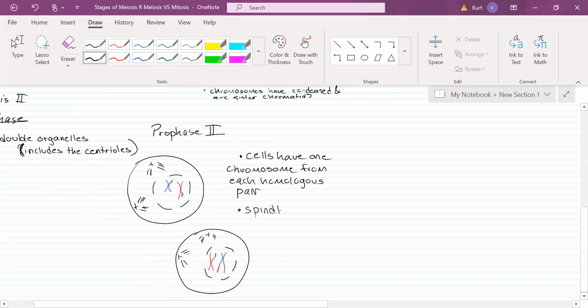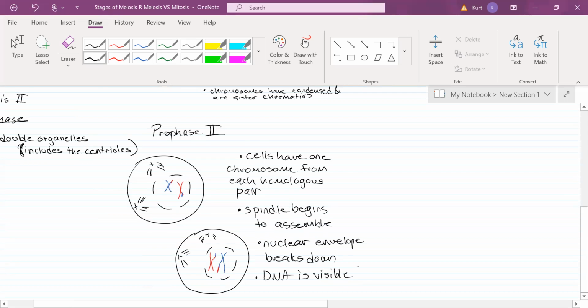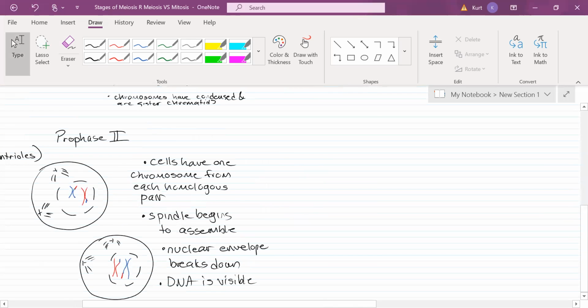Spindle begins to assemble. The nuclear envelope begins to break down. DNA is visible. Okay, let's continue. Metaphase 2.